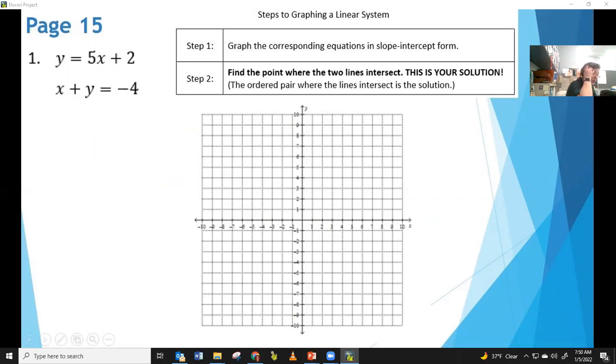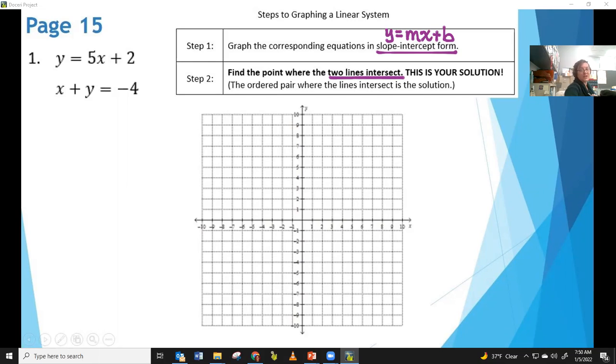We're going to graph each equation in slope-intercept form. So that is our y equals mx plus b form. And then we're going to look where the 2 lines intersect, and that will be our solution.